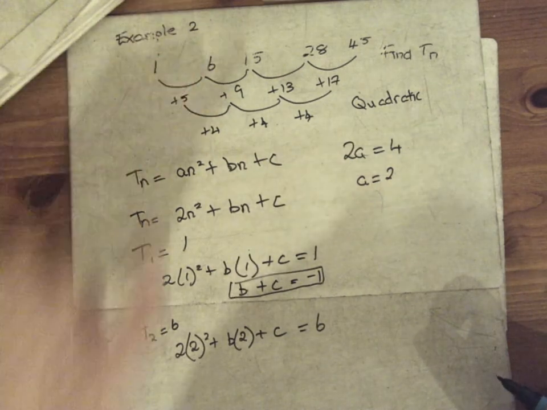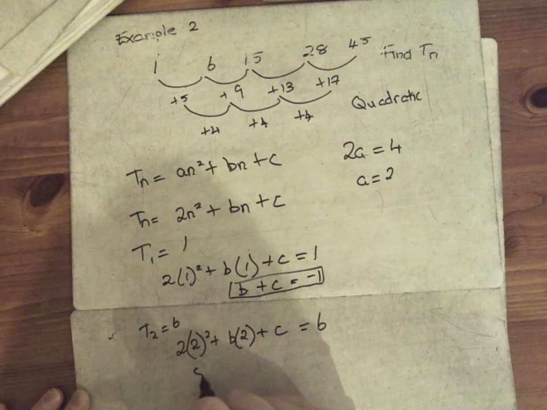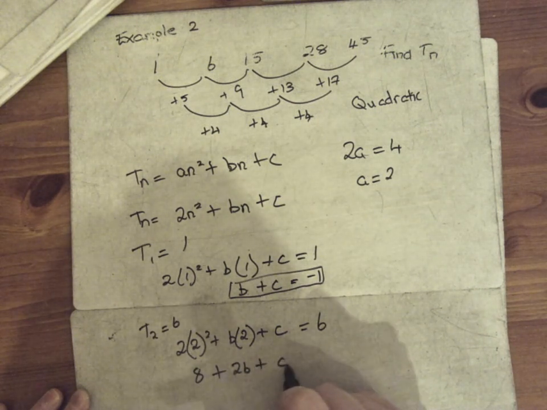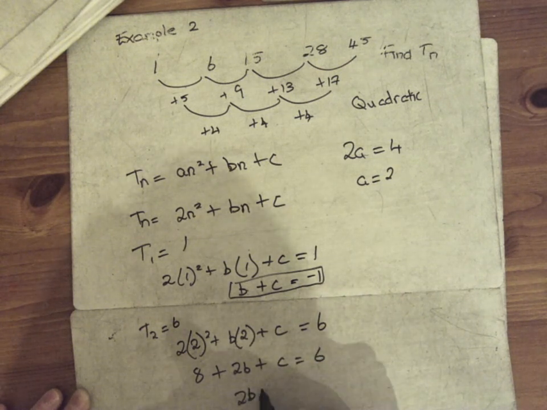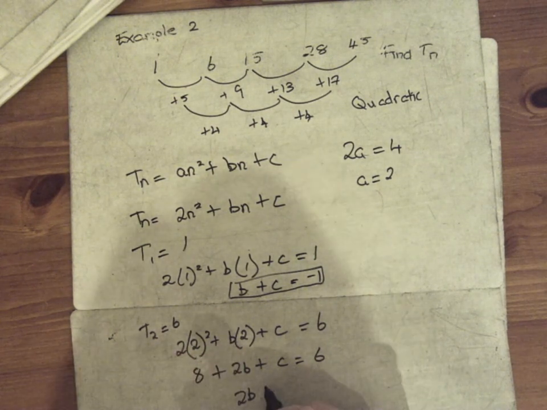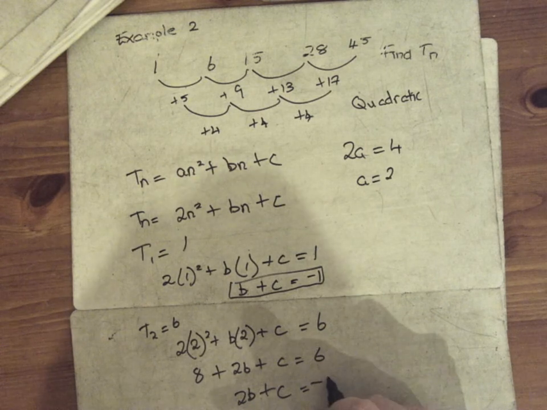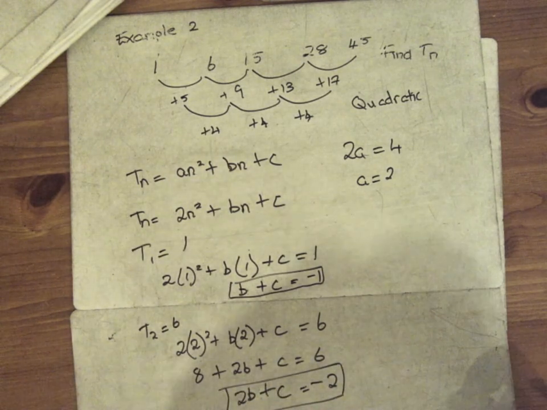Multiplying out 2 times 2 squared, that's 8, plus 2b plus c equals 6. So I end up with 2b plus c equals 6 minus 8 when it comes across, which is minus 2. So there's my second equation in b and c.